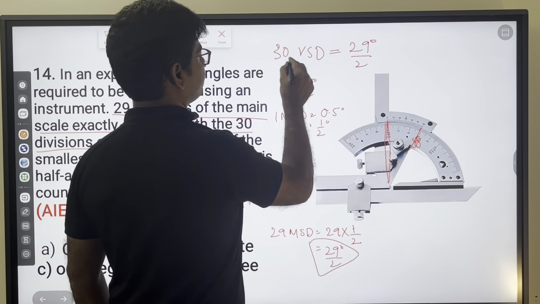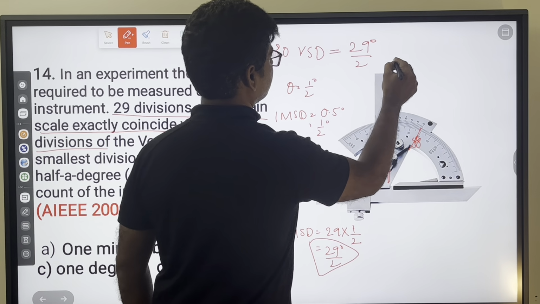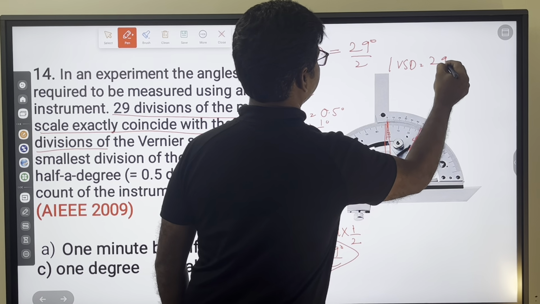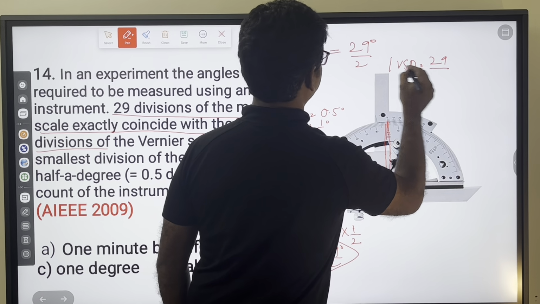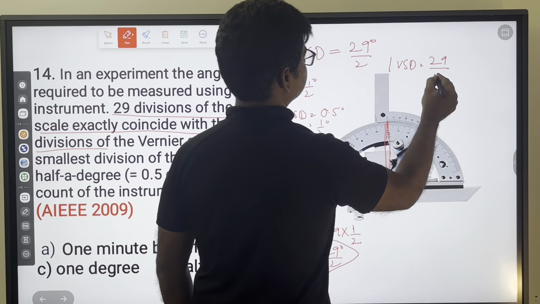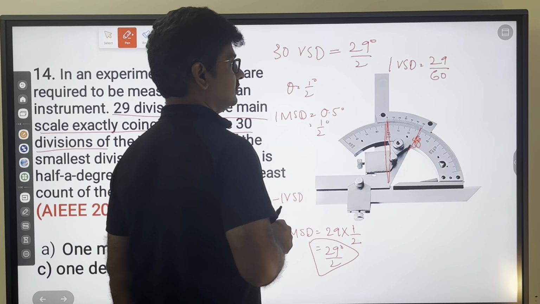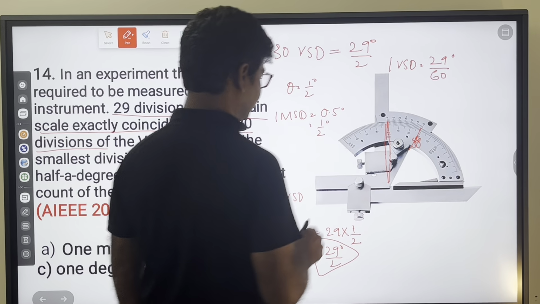Therefore 1 vernier scale division is equal to 29 by 60 degrees, since 2 times 30 is 60.